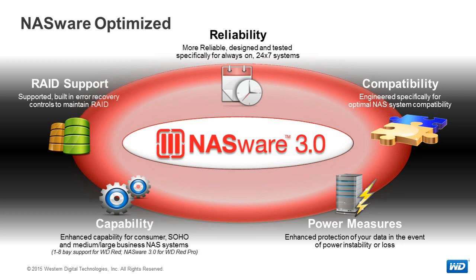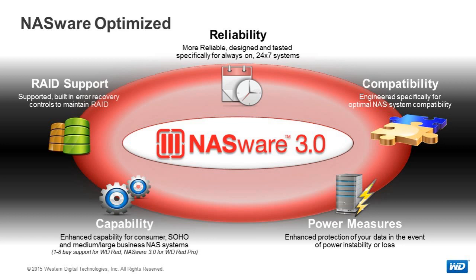We can't guarantee in every application that if lightning hits your house and fries all your electronics that this will support it. But we do see across the entire range of NAS systems that all NAS systems don't deliver power to the hard drives the same. And the goal of NASware in this power measures section is to make sure that we're as capable of leading a healthy life in essentially all of the NASs that we could get installed into.